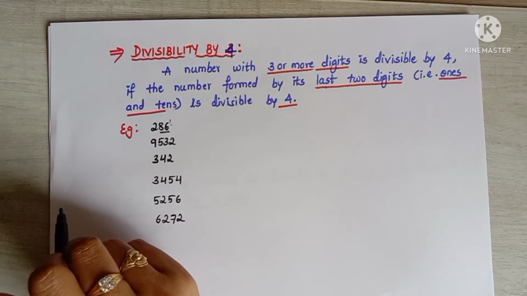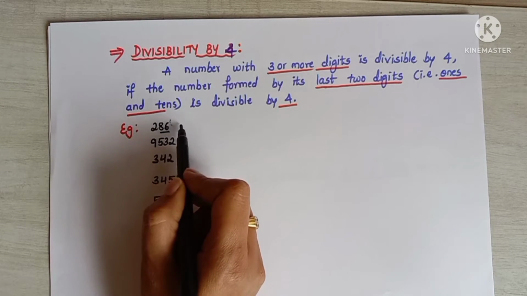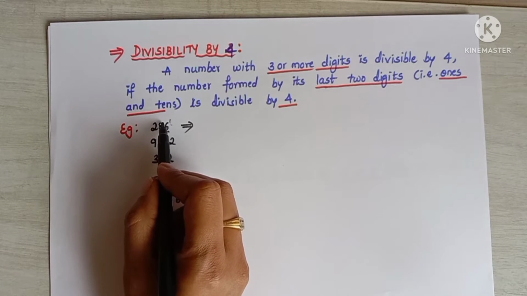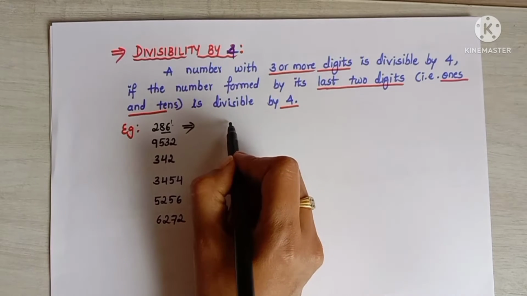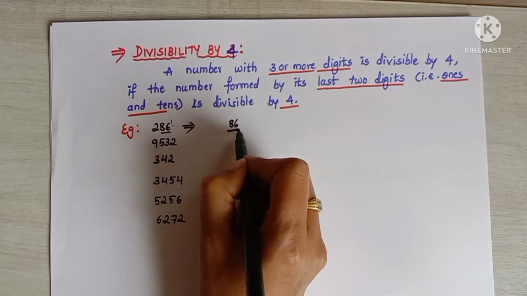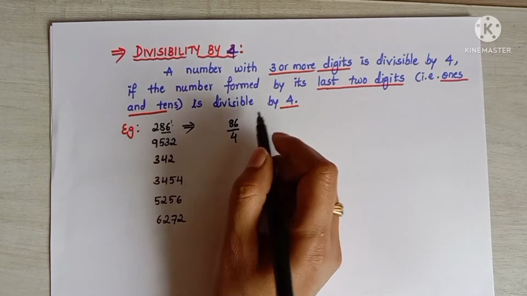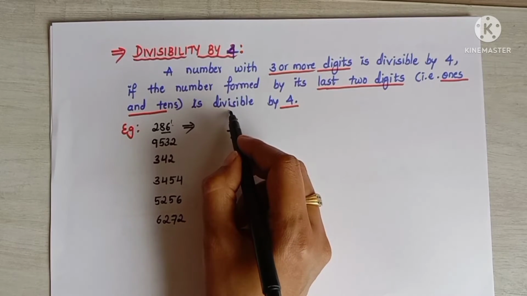Let us take an example, that is 286. So let us take the ones digit and tens place, that is 86. Is it divisible by 4? Let us see. 4 ones are 4, 4 twos are 8.